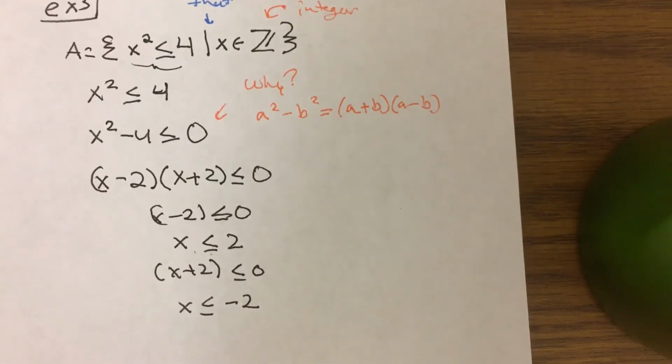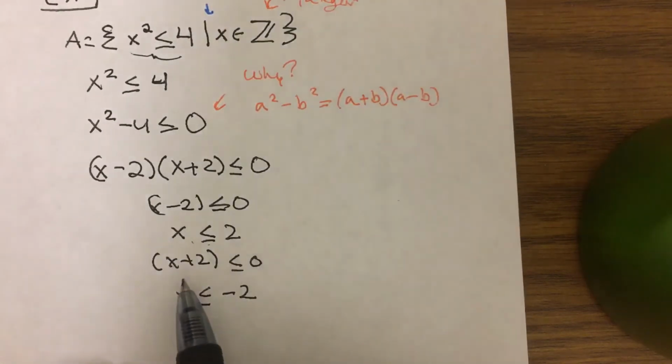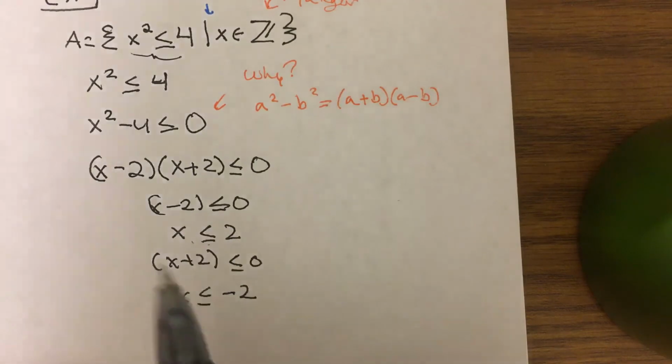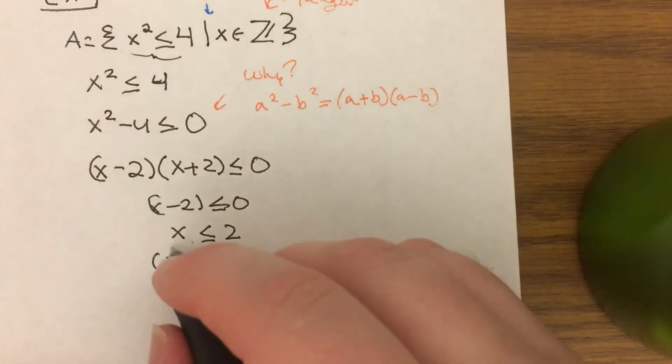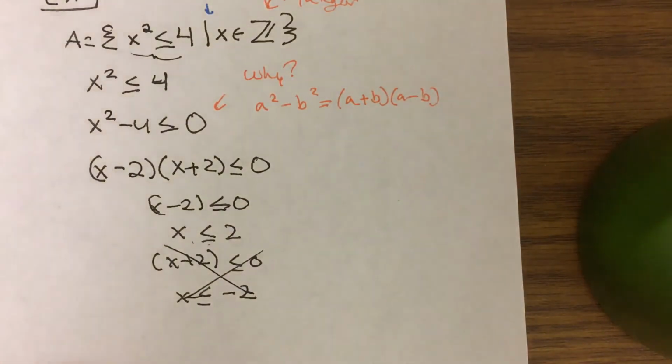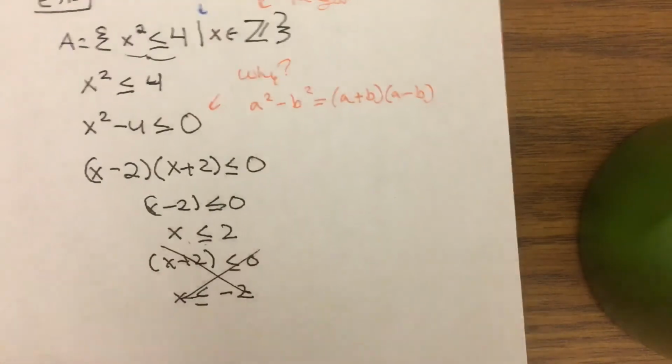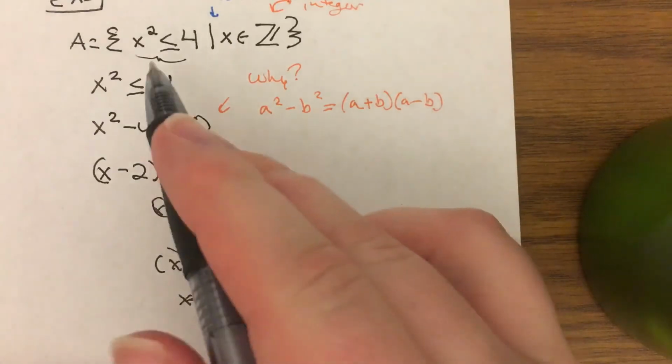So let's check this out. When we solved out this one, totally not going to happen, right? If you plug in a 3 in here, that's not going to work. So that's useless. If you plug in a -2, that's going to work. If you plug in a +2, that's going to work.